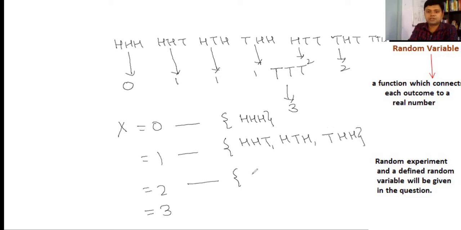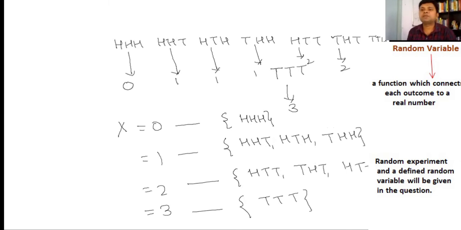For 2, it is HTT, THT, and TTH. And for 3, it is TTT. So I can very clearly see each outcome has been assigned a real value, or the random variable X connects each outcome with a real number.